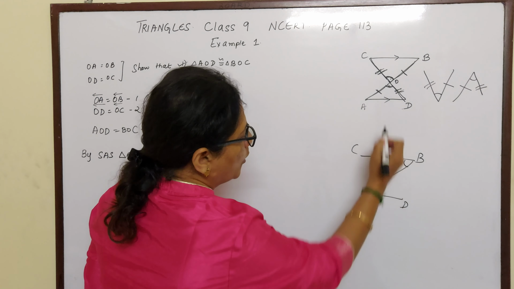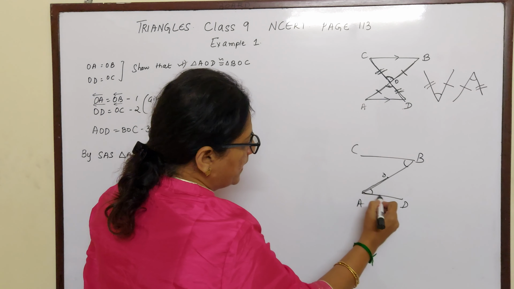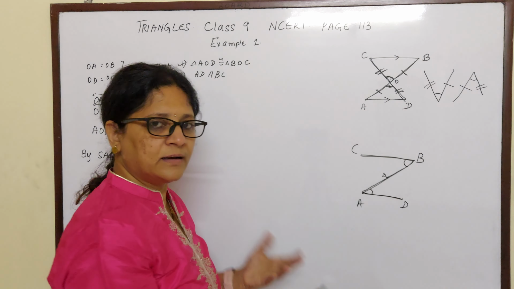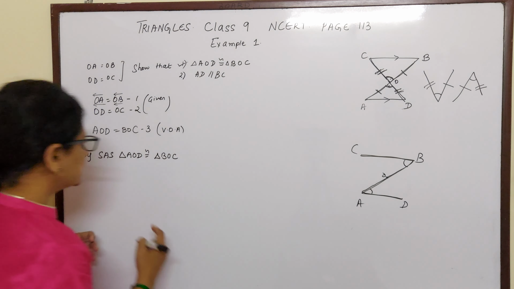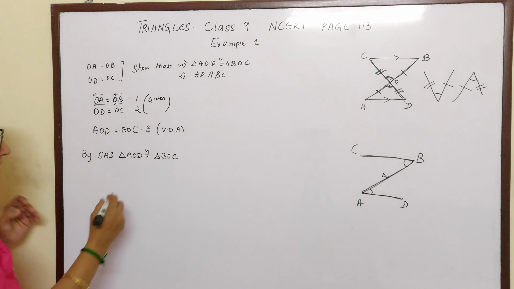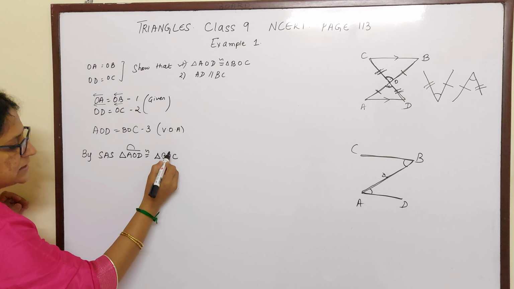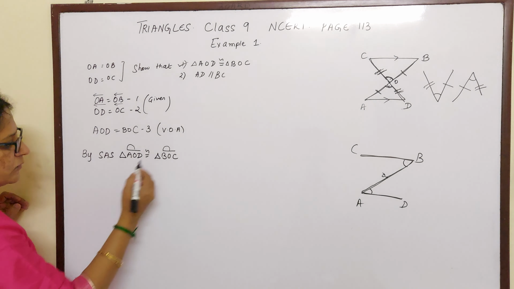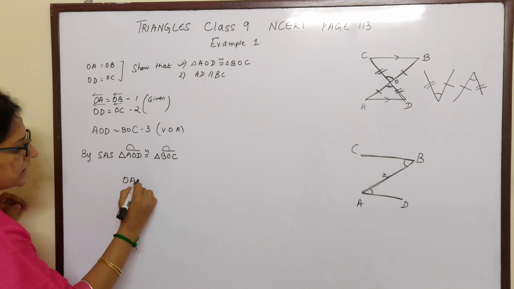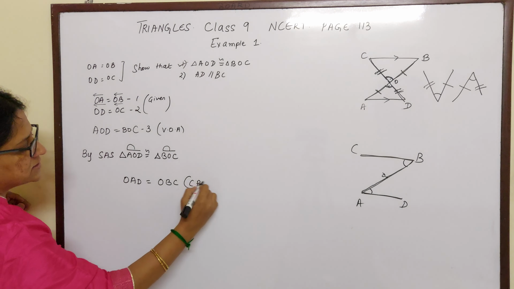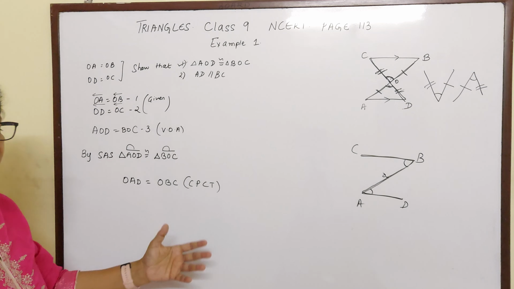O. So if I say OAD is equal to OBC, then they are alternate interior angles. But I should check whether they are forming like that. You see, OAD is equal to OBC. Why? Because they are congruent parts of congruent triangles. So we say it as CPCT. What is CPCT? Congruent parts of congruent triangles.